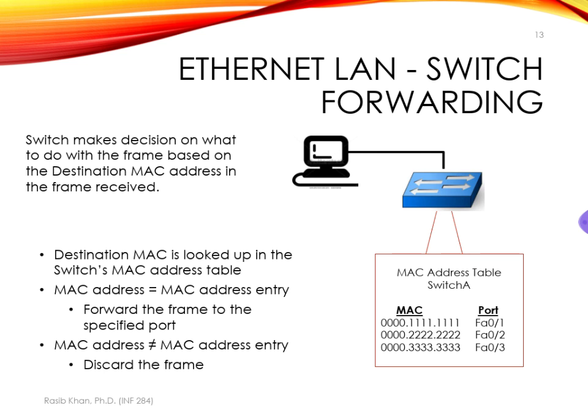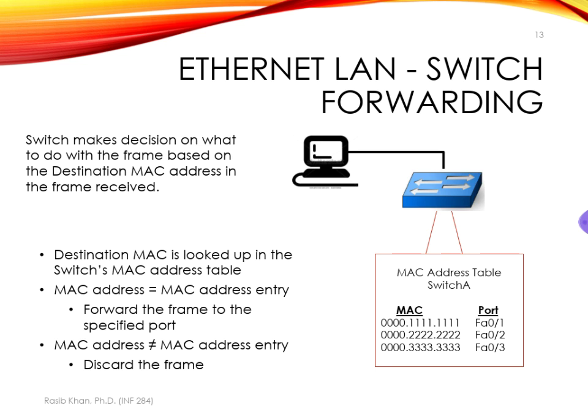In the process of transferring data over an Ethernet LAN, a switch needs to know how it should forward a frame from a source to a destination. This decision process that the switch needs to go through is what we call switch forwarding.